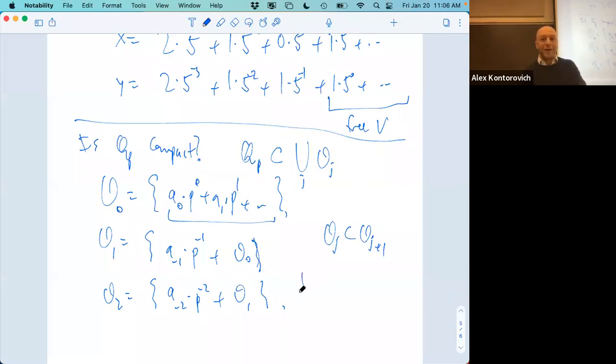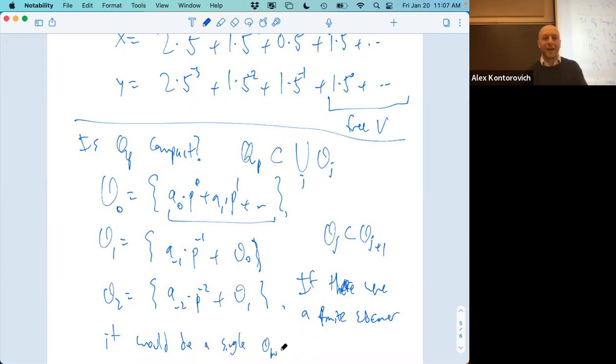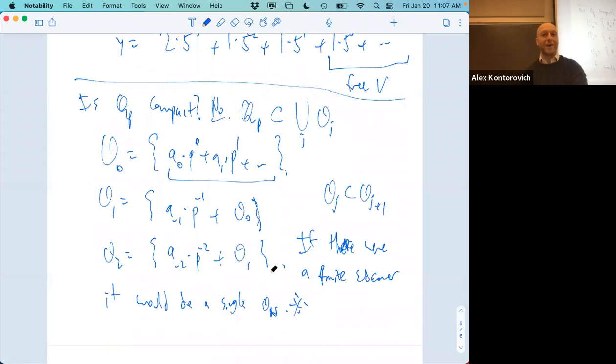So the point is, if there were a finite subcover, whatever the largest n is, that's it. The finite subcover would be a singleton. It would be a single ON, and of course, that's not going to cover QP. So the answer is no, not compact.